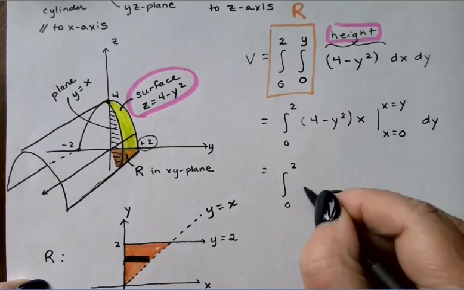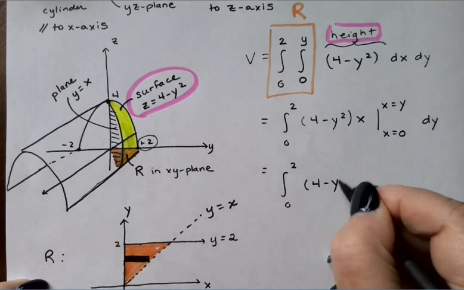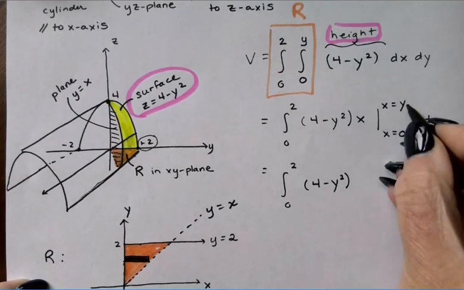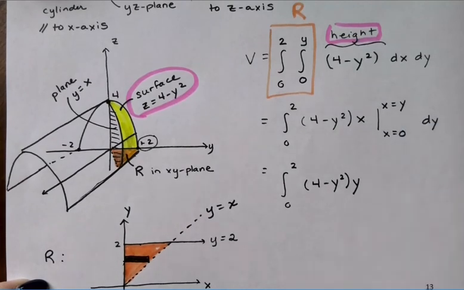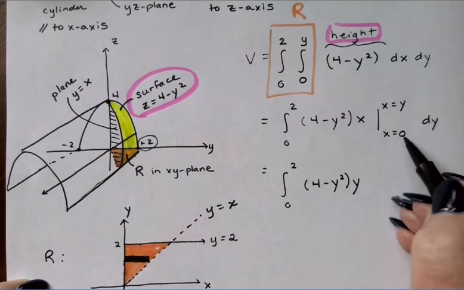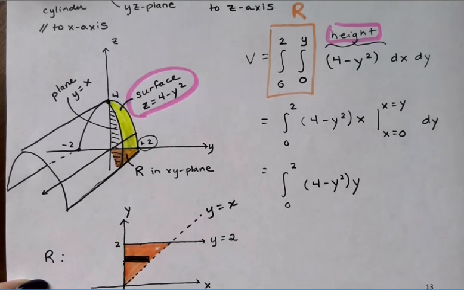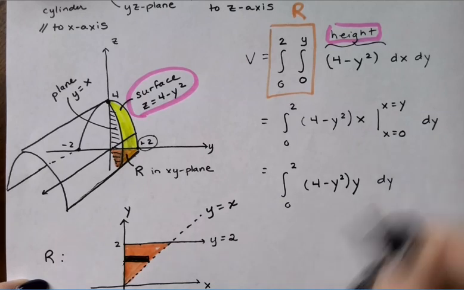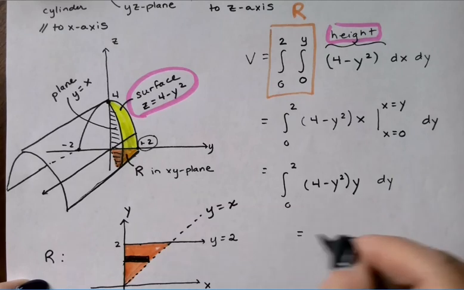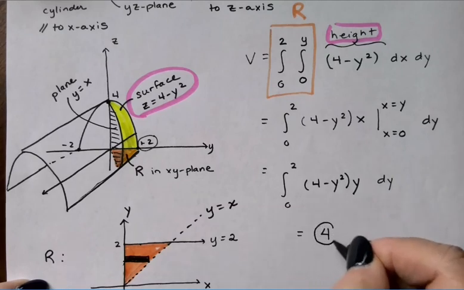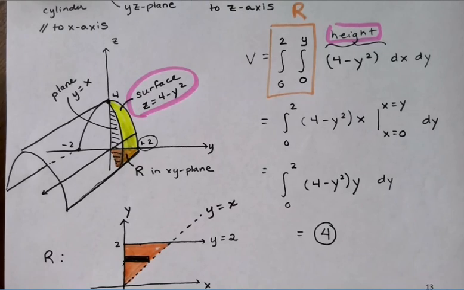Plugging in the top limit, I'd have 4 minus y squared times x is now y. And minus, when I plug the x equals 0 in, the whole thing's going to go to 0. So I won't bother writing that term. And then I can just finish this up as a calculator problem. When I plugged it into my calculator, that integral gave me 4. All right, we will stop there for this video and pick it up in the next one.